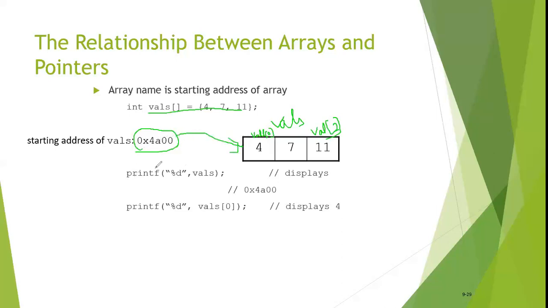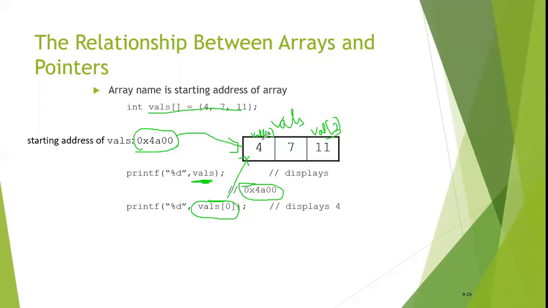Right. Now, if I write printf vals, simple, it will print me what? It will print me the address, that is this 0x4a00. But if I write vals[0], in that case, it will print me the value at index 0, that is the 4. This is simple if I want to print the address of arrays without using pointers.